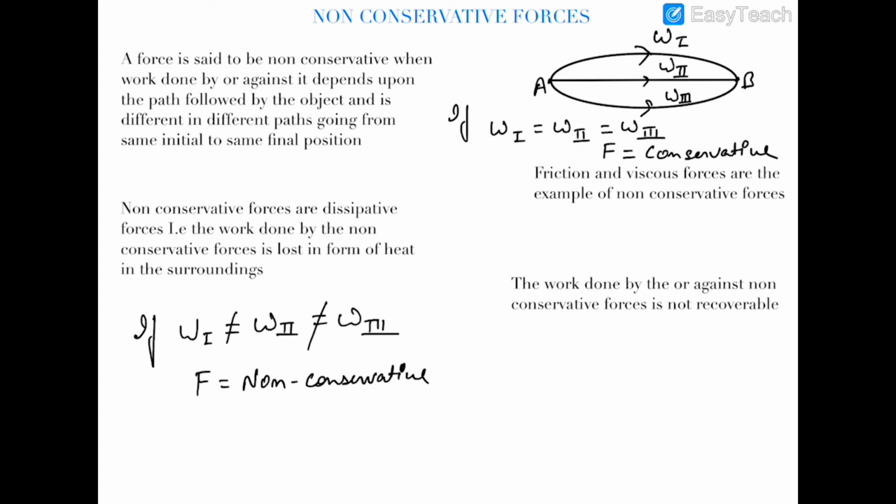Now, as we have already discussed, the work done against any conservative force is stored as potential energy of the system, but on the contrary, the work done against any non-conservative force is dissipated, which means lost in the surroundings in the form of heat.